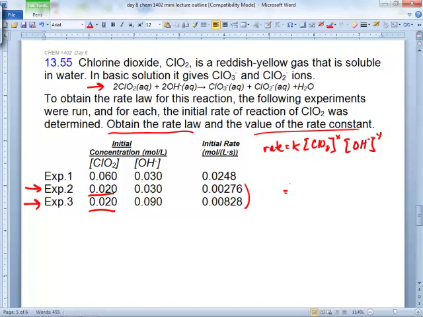So if you compare those 2 rates, oh, Lauren, how did it change? Which one do you divide by which one? Yeah.